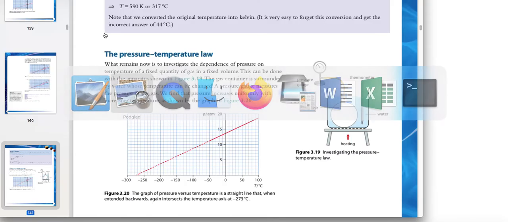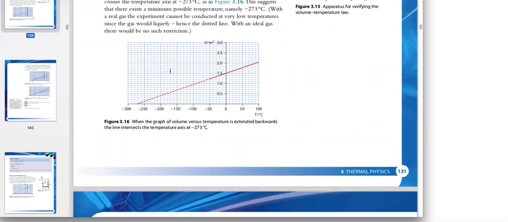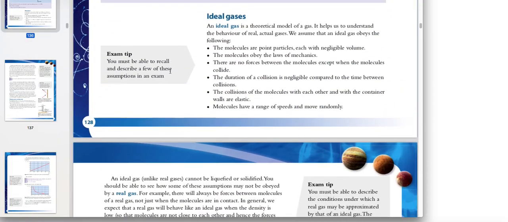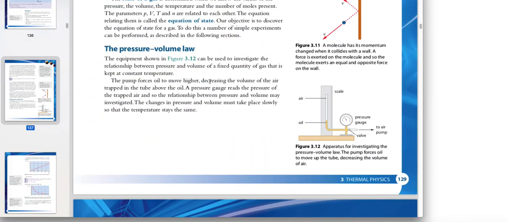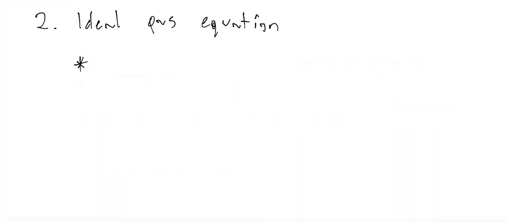So point number 2, ideal gas equation. The first law was related with the relation between pressure and volume. So you wrote that pressure is directly proportional to 1 over volume if temperature is constant.